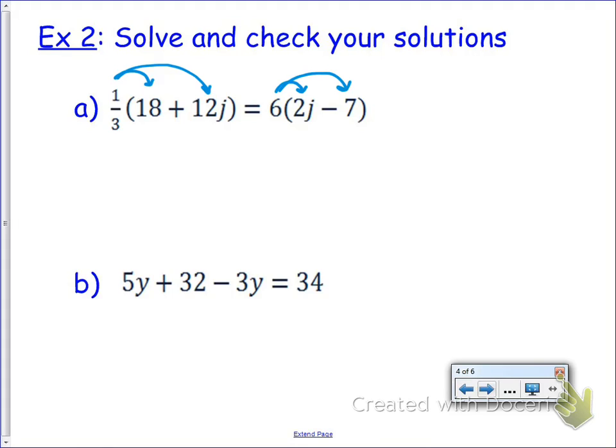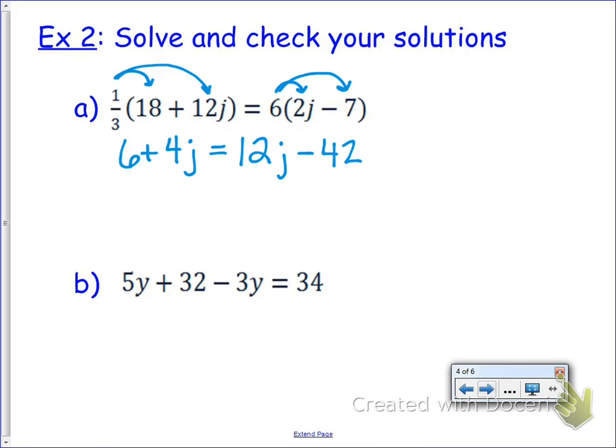And same with the 1/3 being multiplied by both terms inside the parentheses. And so you get 6 plus 4j equals 12j minus 42. And then you want to look at the lesser coefficient. So which one's lesser? 4 or 12? You have 4j, 12j. You should probably start with the 4j.